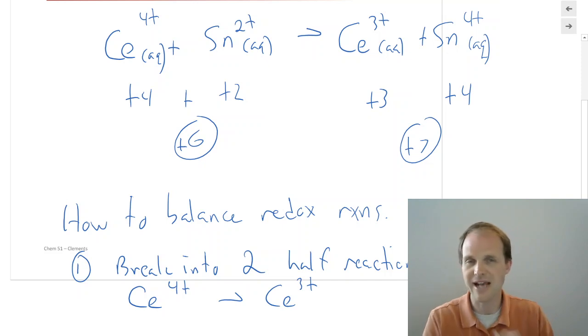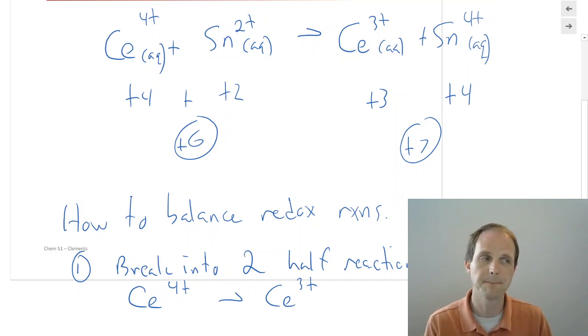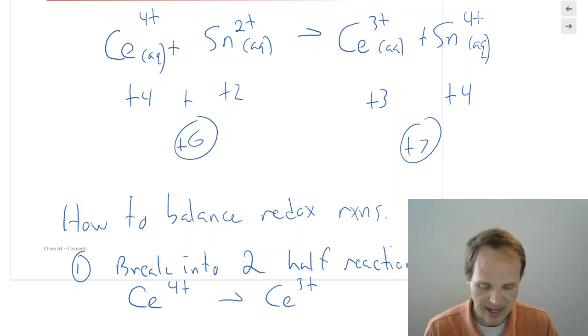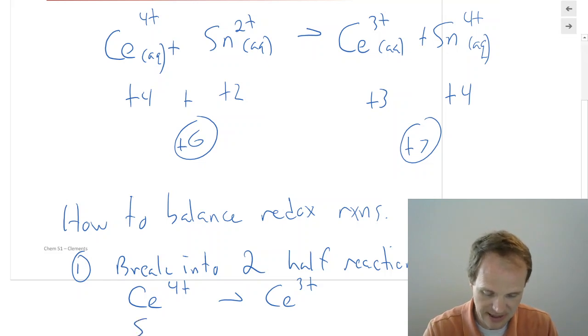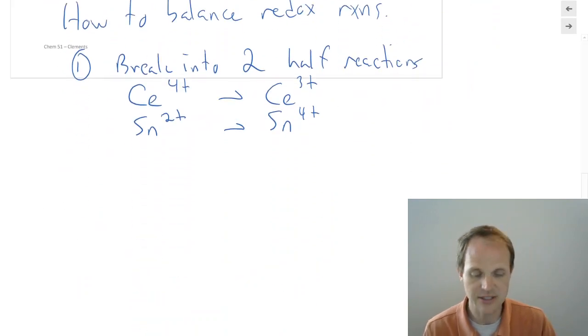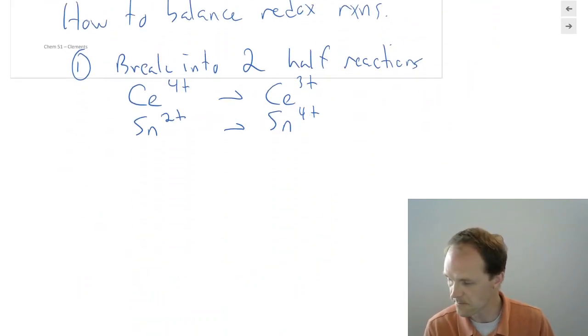And you'll notice that as I'm writing this part, I'm not caring at all about writing phases or anything like that. However, when I do it all and put it all together at the end, I'm going to write a nice balanced chemical reaction with phases. And then the other thing that's happening is that I've got my tin 2+ turning into tin 4+. Those are my two things that I have going on.